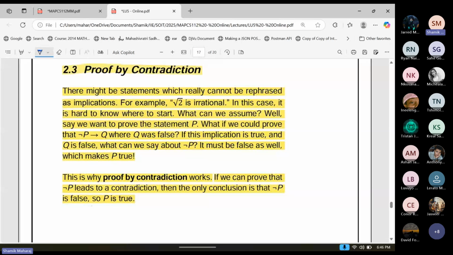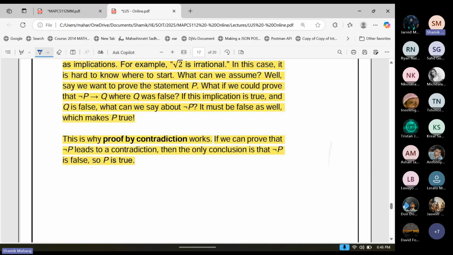All right, so proof by contradiction basically means that if there's some statement made, a contradiction is enough to show that the statement, which is some kind of rule, doesn't work.